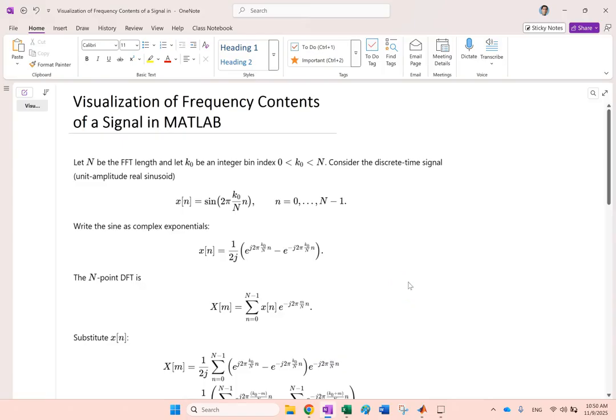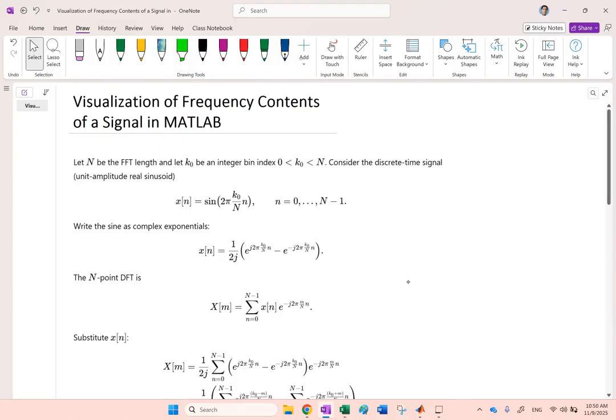So first of all, what happens when you take the fast Fourier transform or Fourier transform of a discrete signal? Here, the signal I have is a sine wave, right? Each one of them is a sine wave.